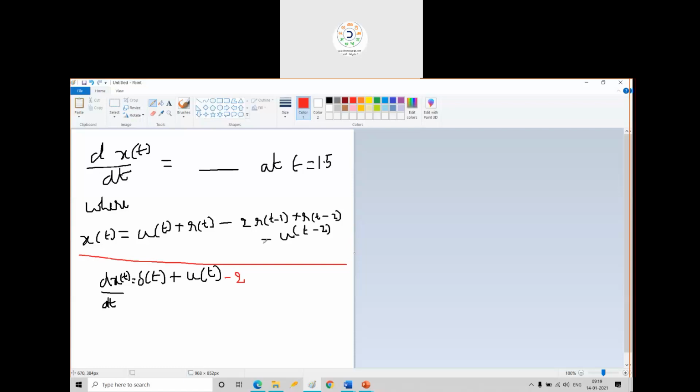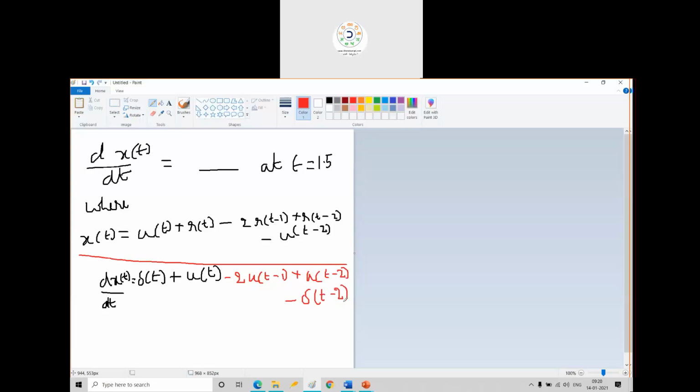If you take the derivative, you get u of t minus 1. Next, r of t minus 2 will yield u of t minus 2 after doing the derivative. Then u of t minus 2 will yield delta of t minus 2.